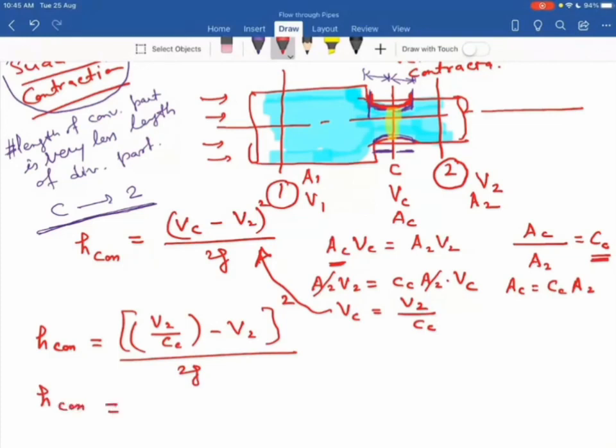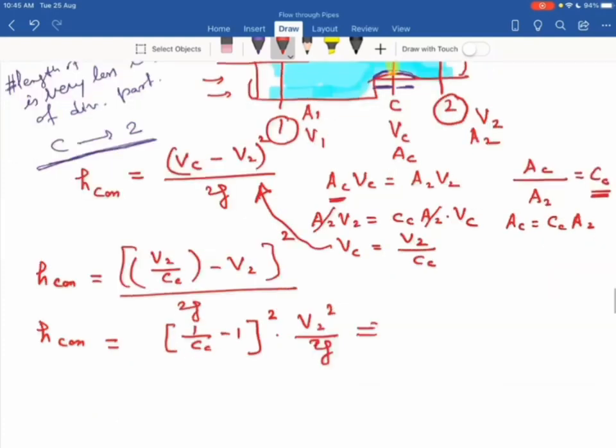So I can simply write it as (1 upon CC minus 1) whole square into V2 square divided by 2G. Then further I can write HCON is equal to KCON into V2 square divided by 2G, because again this term depends on the geometry of the pipe.